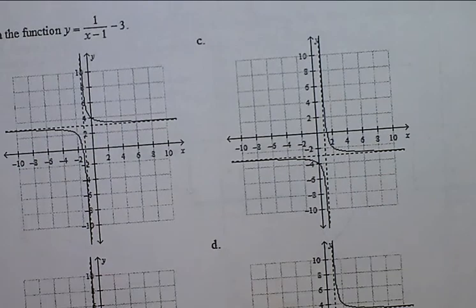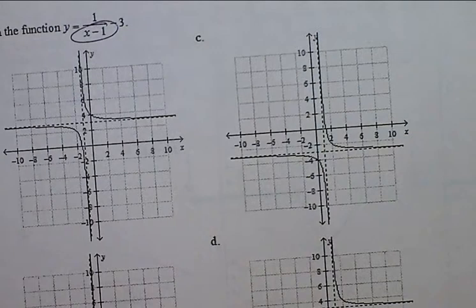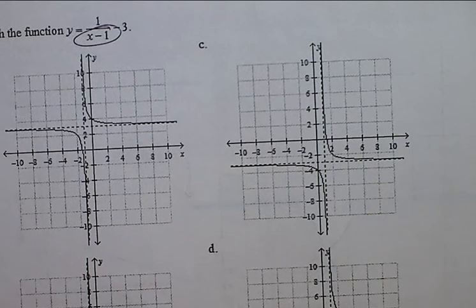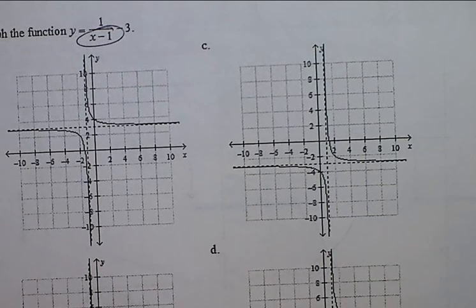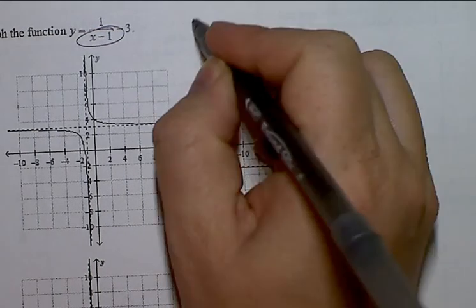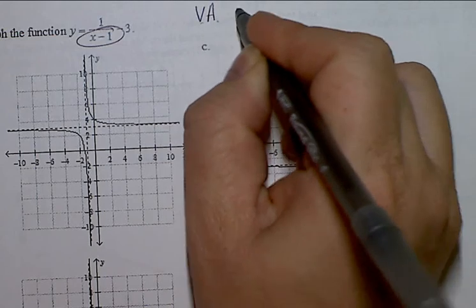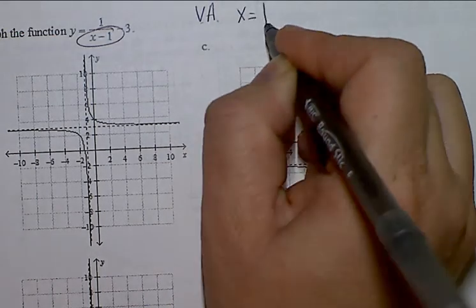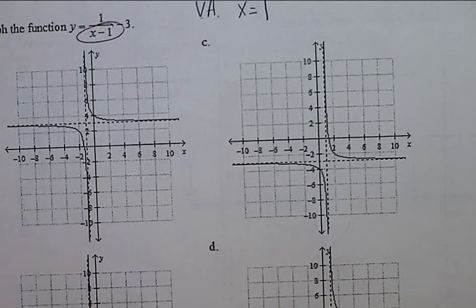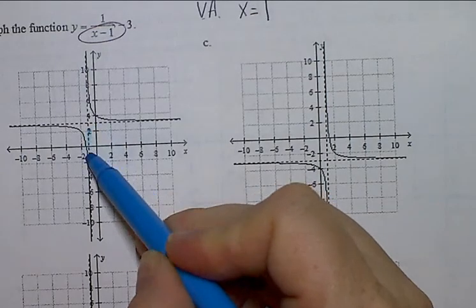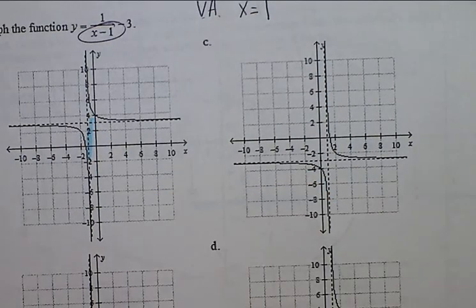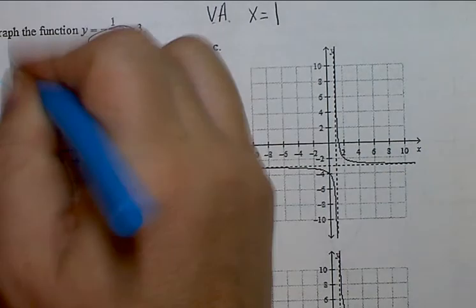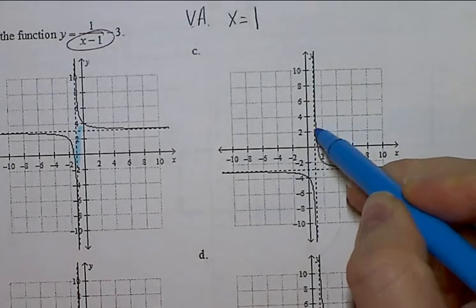We can determine the vertical asymptote by taking the denominator and setting it equal to 0. Nayeli, what is the vertical asymptote? X equals 1. Okay, so I'm looking. Does this have a vertical asymptote of x equals 1? No. Does this have a vertical asymptote of x equals 1? So it could be this option.